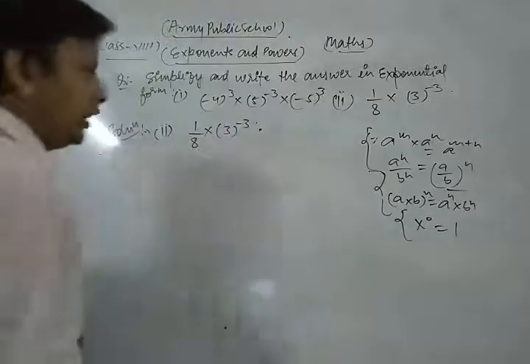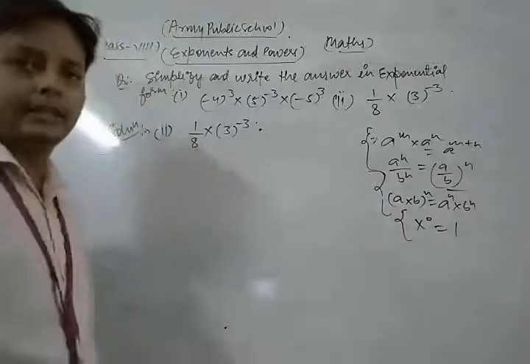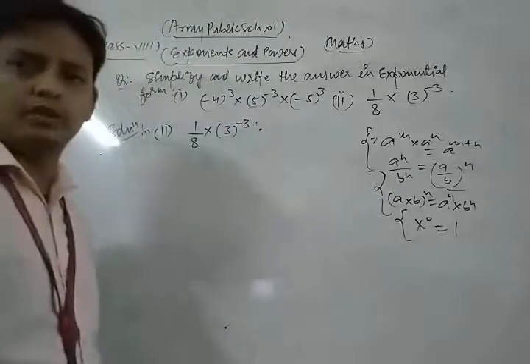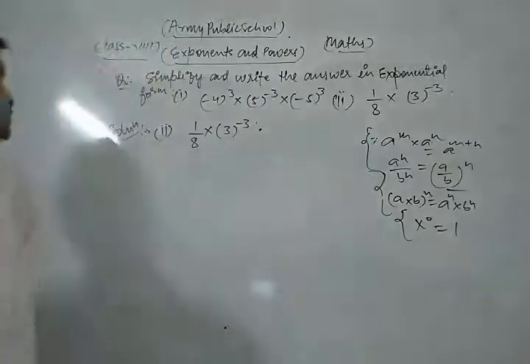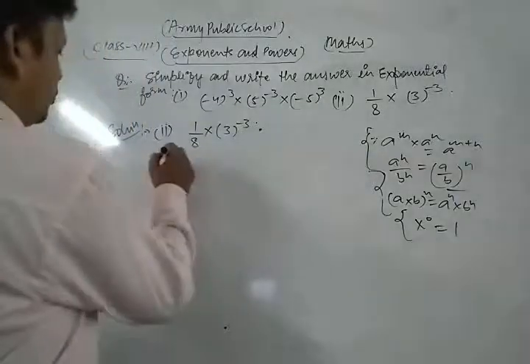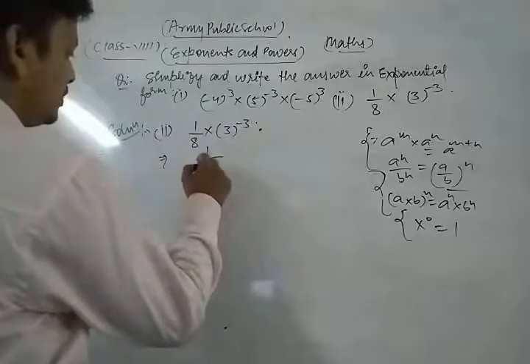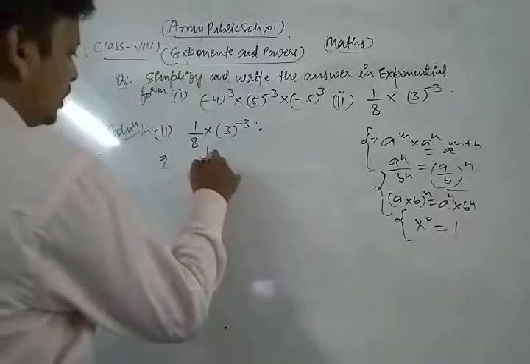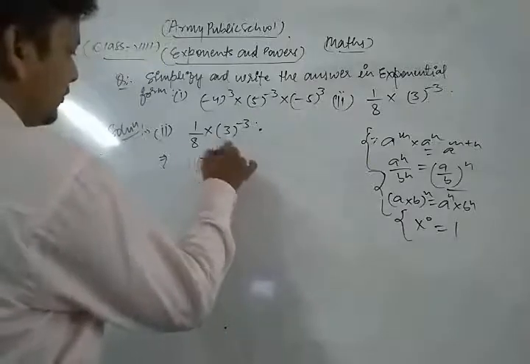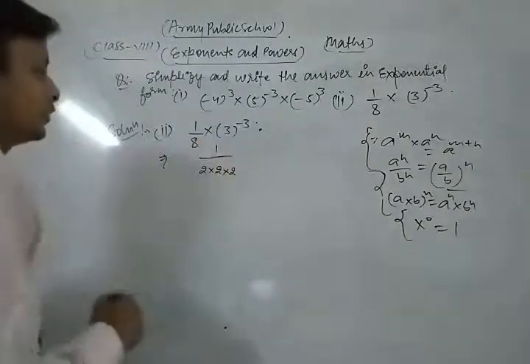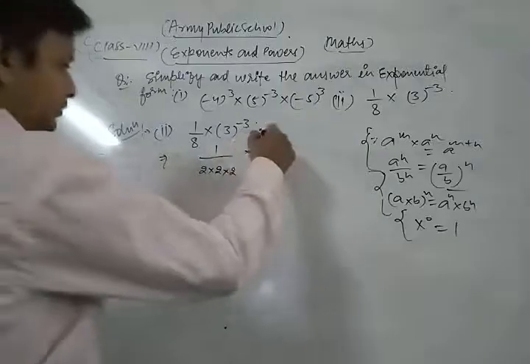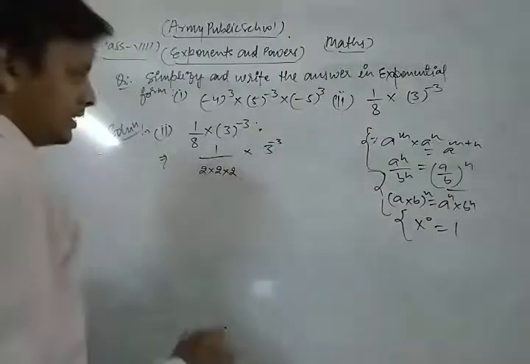Dear students, we write it in exponential form. Now we can write as, look, 8 is 2 into 2 into 2, we do the prime factorization of 8. So 1 upon 2 cubed, and 3 power minus 3 as it is.